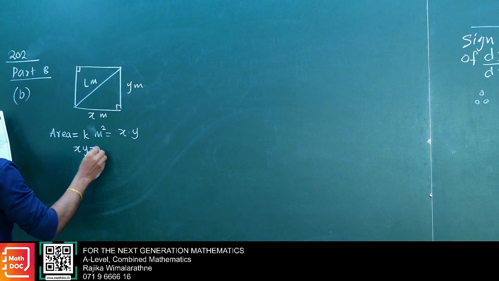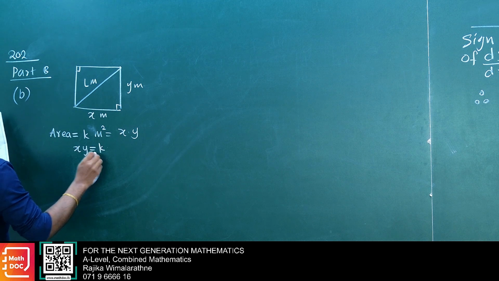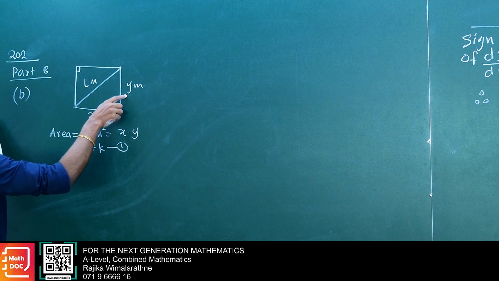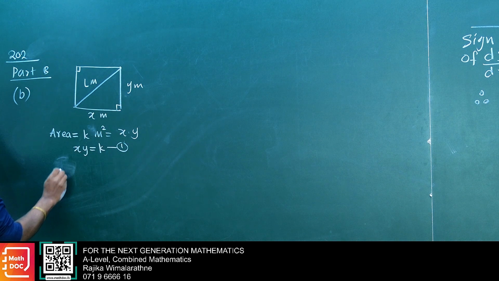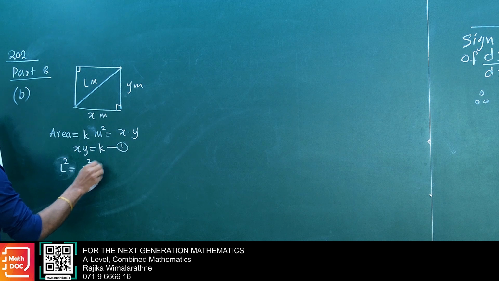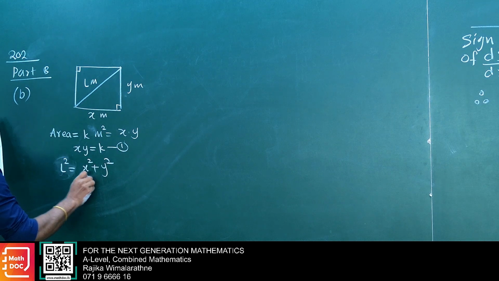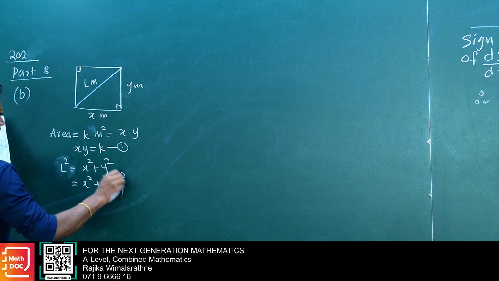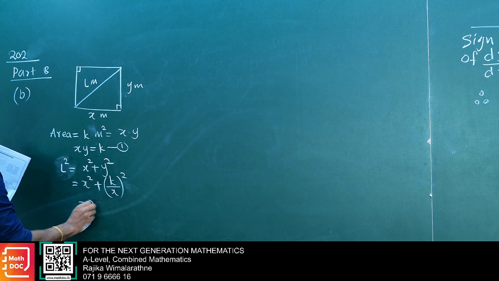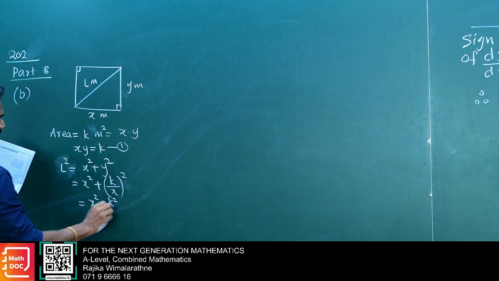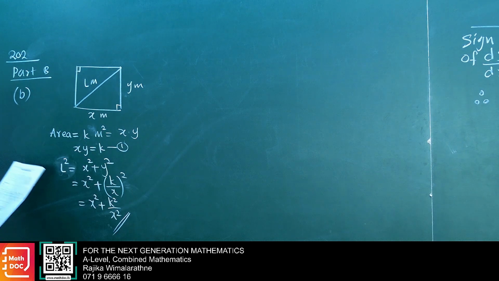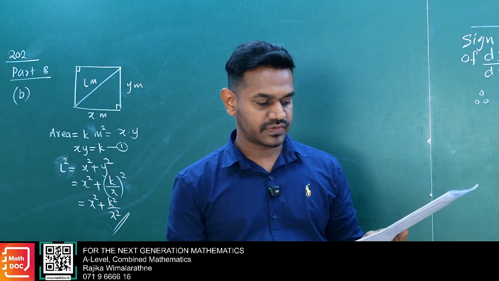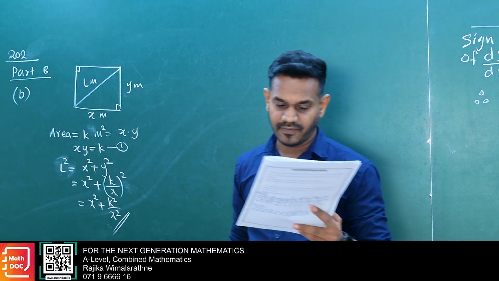Then xy equals K. Then apply the Pythagorean theorem: L squared equals x squared plus y squared. Then y means K divided by x. Now you can take L squared equals x squared plus K squared divided by x squared. That's the function. L squared equals x squared plus K squared divided by x squared.